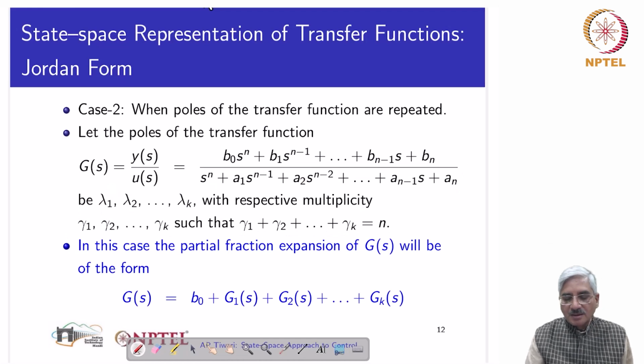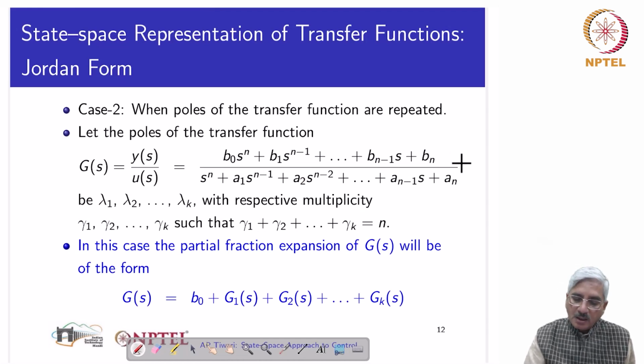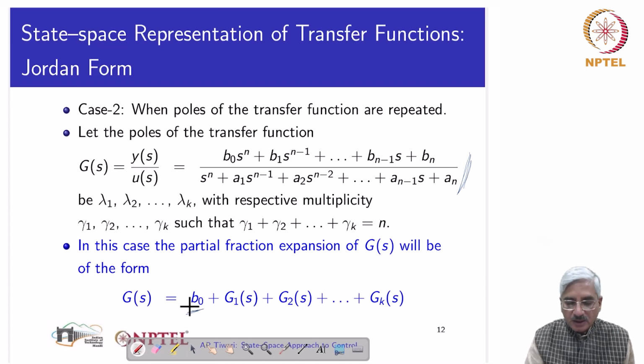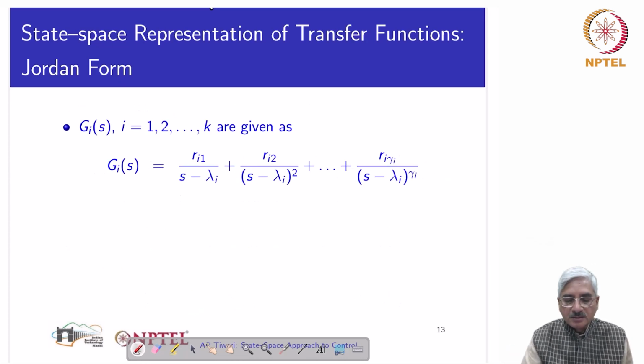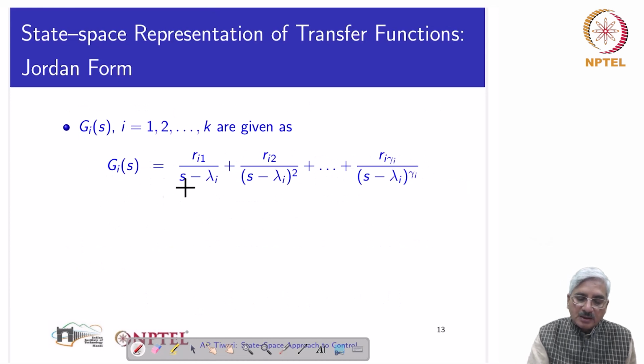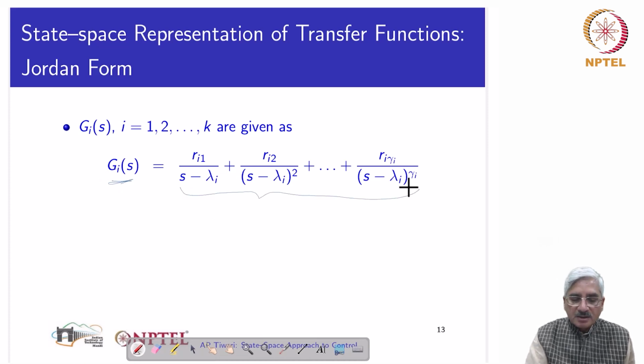So in this case, the partial fraction expansion of G(s) will of course have a constant term b0, but we will have k transfer functions G1, G2, etc. The ith of them will be a term with respective residues Ri1, Ri2, etc. Each one is represented as many terms as the multiplicity.